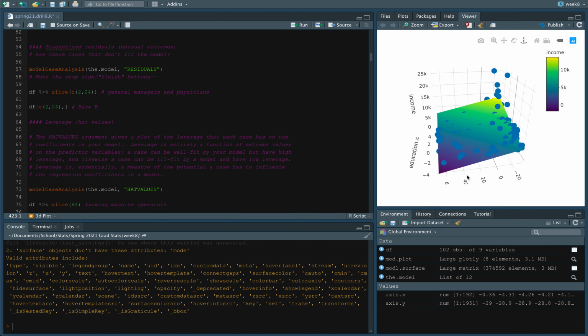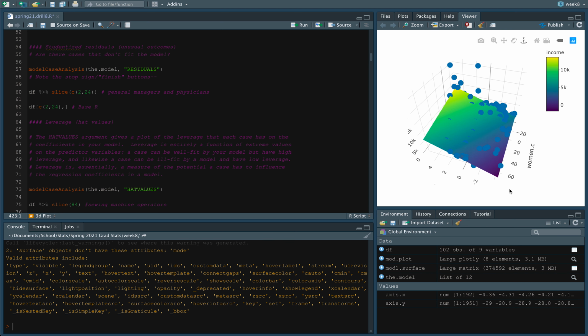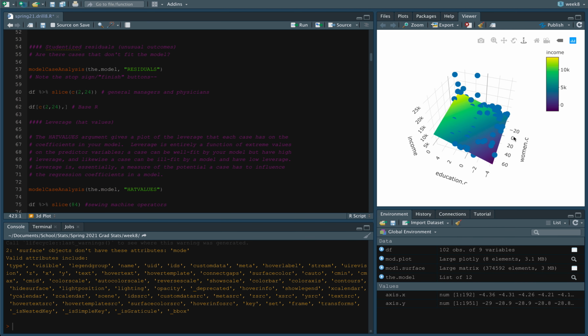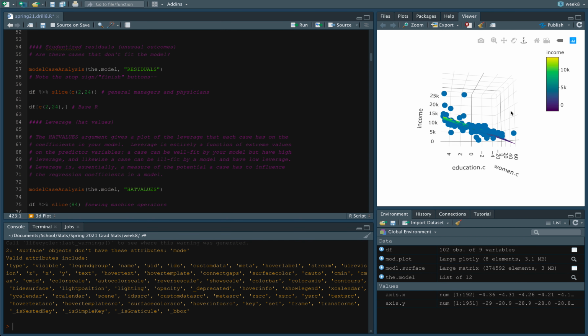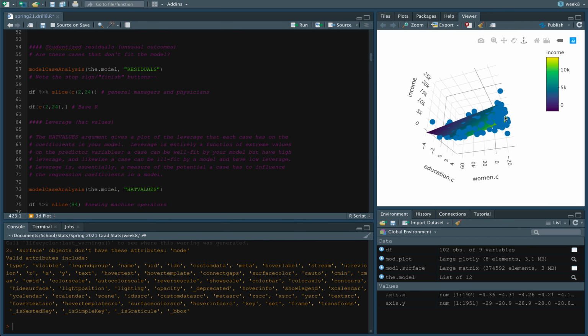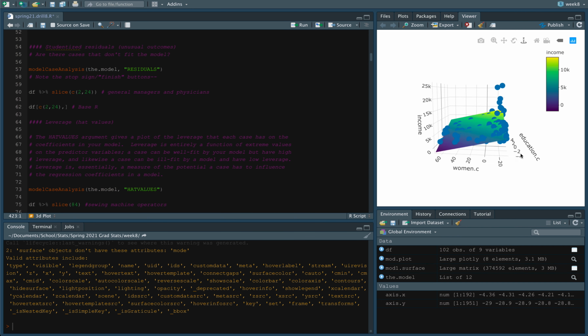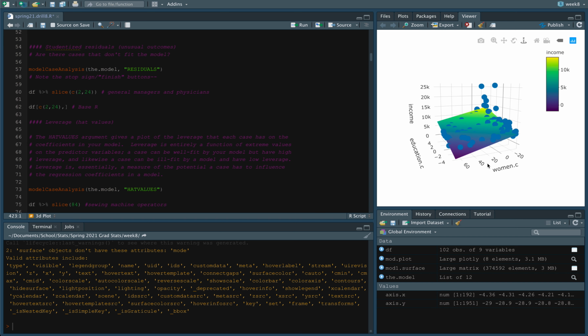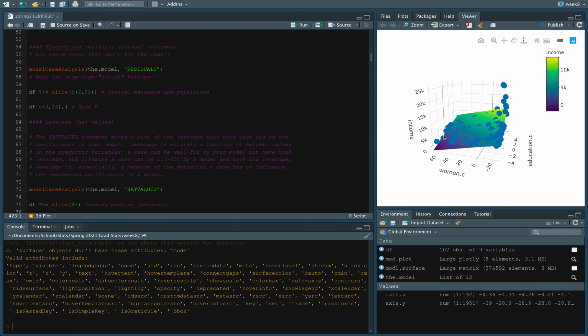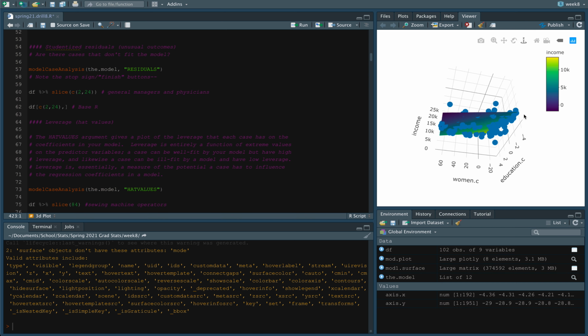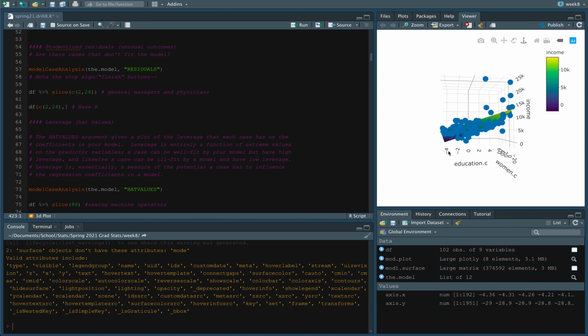We have women over here, education over here, and income on our z-axis. So that colored thing is basically what our model is predicting. You can give it any particular value of centered women and centered education, and it will give you that predicted value. And you can see that in general, a lot of these points are right around that.